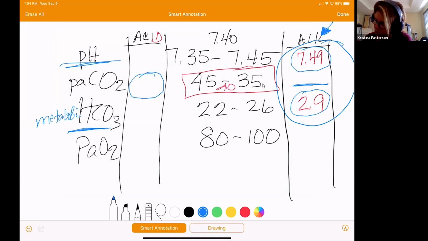Basically, we would just call this metabolic alkalosis. Then the next thing you have to do is remember what kind of patients would be in a metabolic alkalosis: vomiting, NG tubing. Metabolic alkalosis is getting rid of too much acid.